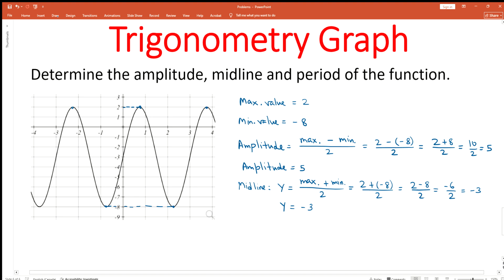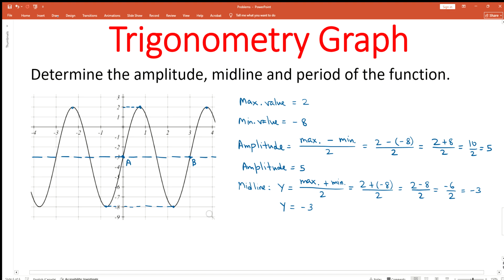Let's start by showing the midline in this graph. It is a horizontal line whose equation is y equals -3. Since period represents the length of one full cycle of a function, we can measure it from the point where the graph crosses the midline on the vertical axis, which is this point A, and then finding the point where the one complete cycle ends, which is this point B. Because at point B, the next cycle starts.